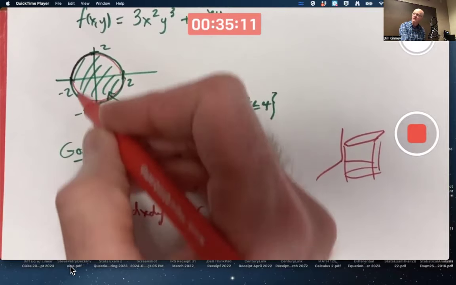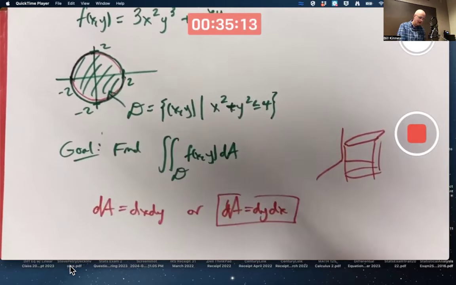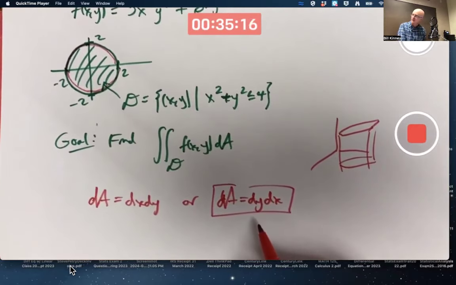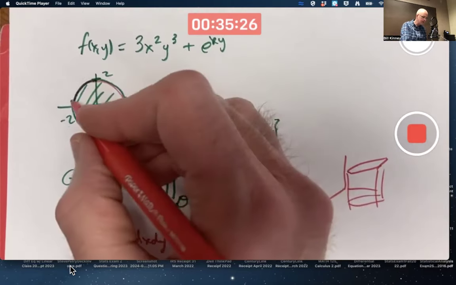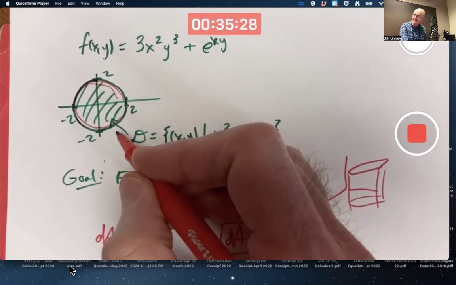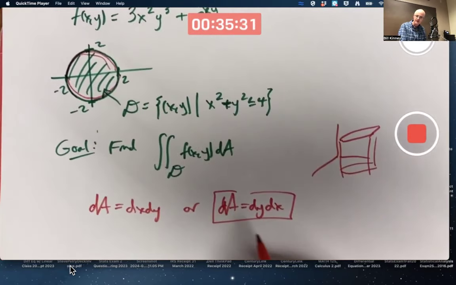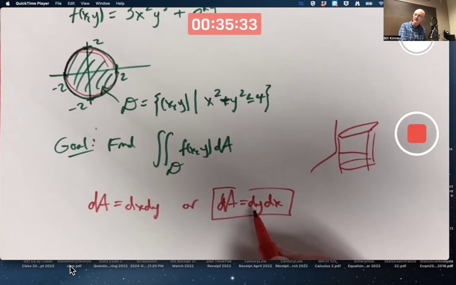Y goes between two functions of x. And so if the inner integral is with respect to y, you're integrating between two functions of x, the y is going to go away, is the idea. So when you think about your region as being between the graphs of two functions of x, you want to use this form of dA.